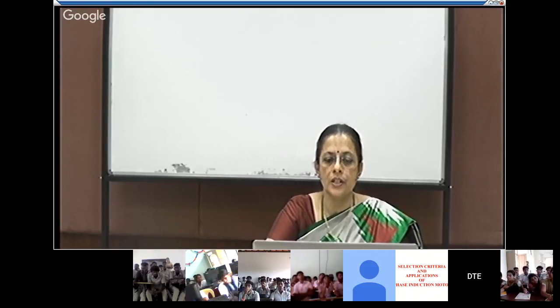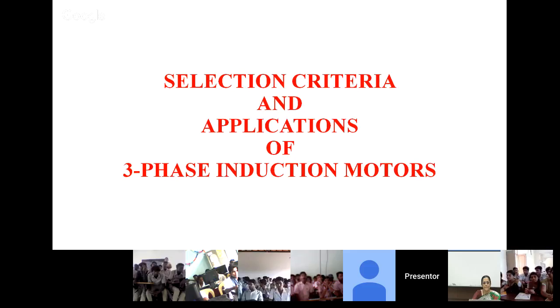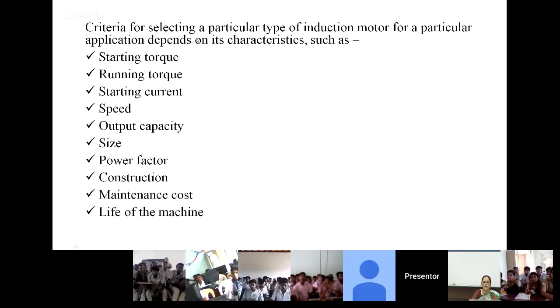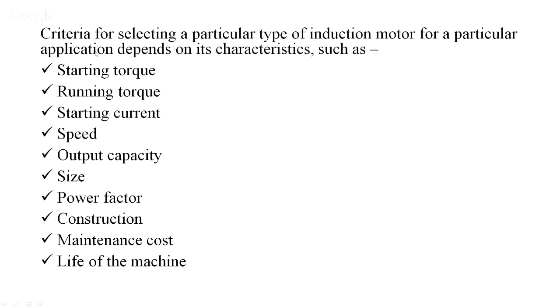Next is selection criteria and applications of three-phase induction motor. The criteria for selecting the particular type of induction motor for a particular application depends on its characteristics, such as starting torque, running torque, starting current, speed, output capacity, size of the machine, power factor, construction.